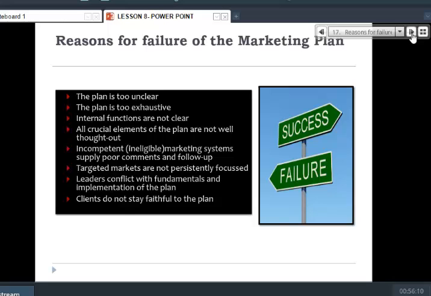Also, the clients, the customers, do not stay faithful to the plan. So we might have some problems with customers being loyal to your product.